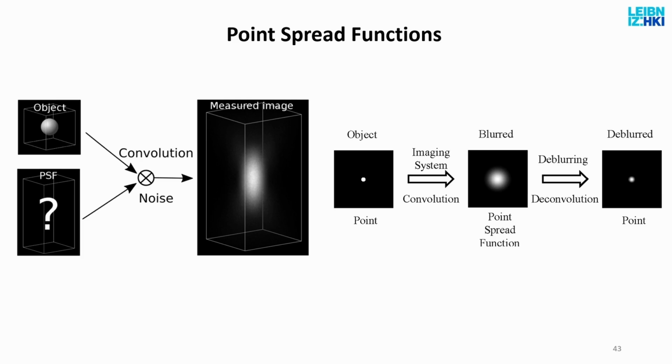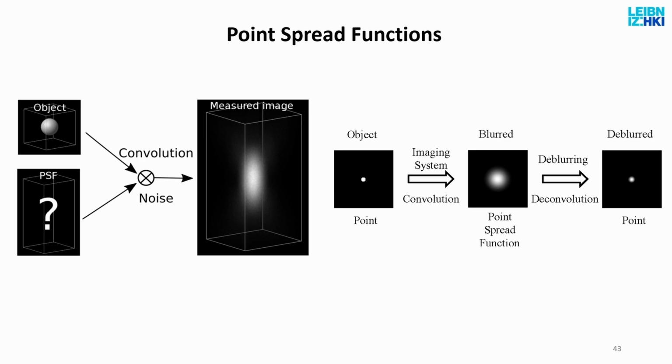Now, the question is, can we somehow characterize the effect of the microscope on the image formation itself? Like we said, if the objects are small, then I don't see them in their original, realistic shape and size, but rather I see a diffraction pattern.